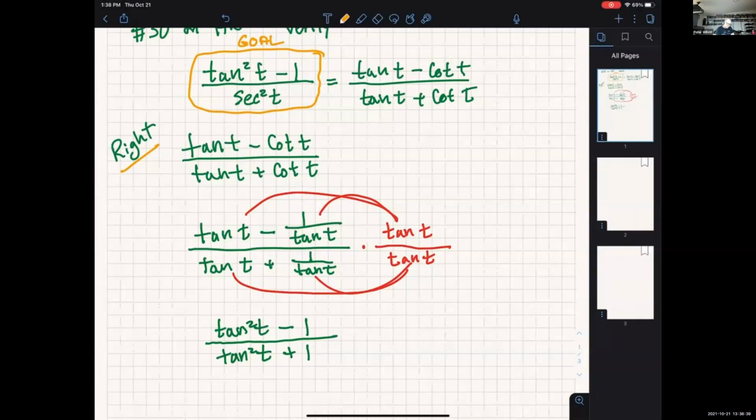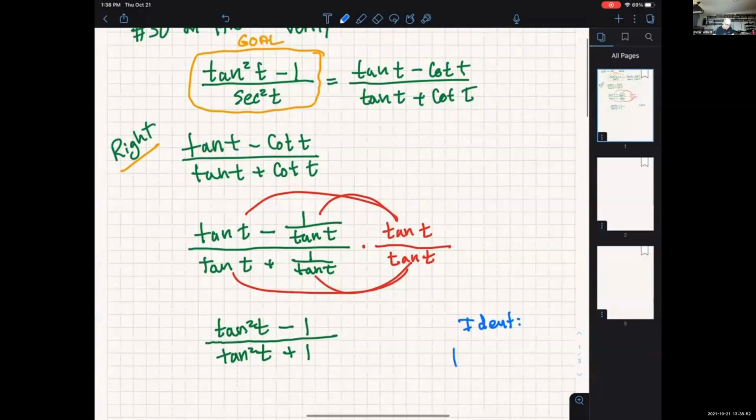And what we have is tan squared t plus 1. And so we have an identity, one of our fundamental identities, that tan squared t plus 1 is equal to secant squared t.